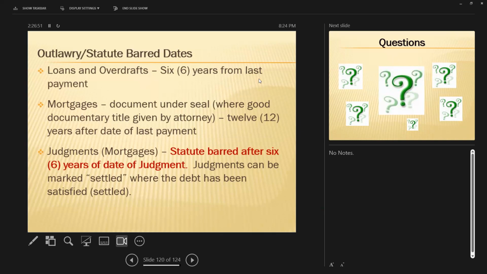So let's say a judgment expires in 2026, but we reach an agreement with the customer now to accept 8,000 out of the 10,000 remaining. We can't say, oh, well, we still have 2 or 3 more years to go, and so we can go after them for the $2,000. No, once you accept, that's what the settlement is, right? Then you have to mark the case settled, okay? And it's recorded as being settled in the registry of records, okay?